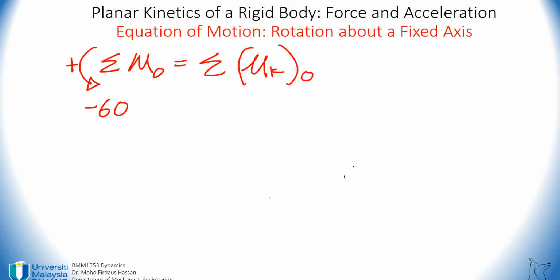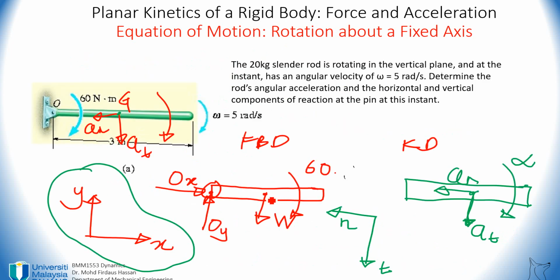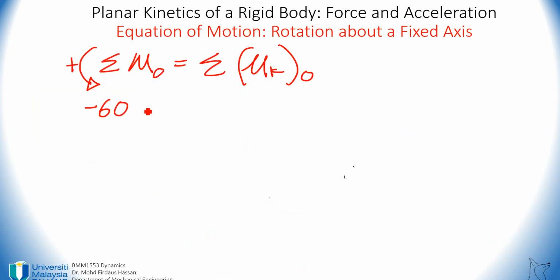And how about weight? Weight also creates clockwise, so it will give you a negative. Minus the distance is 1.5 times weight. Weight is 20 times 9.81.